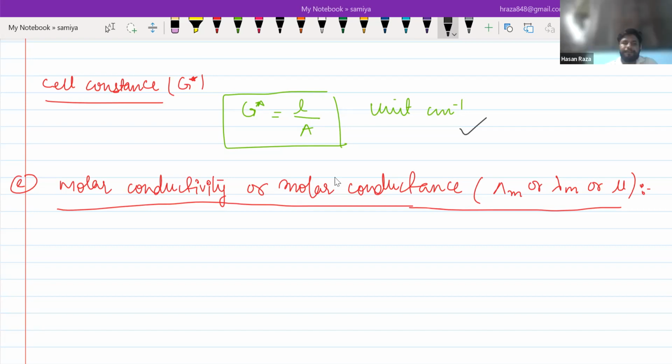Okay, got it. Now see, I'm going to define it. So first of all, write the definition with me.